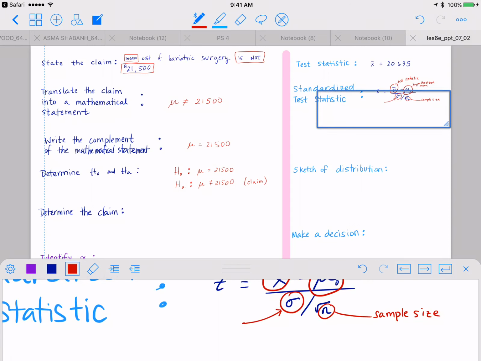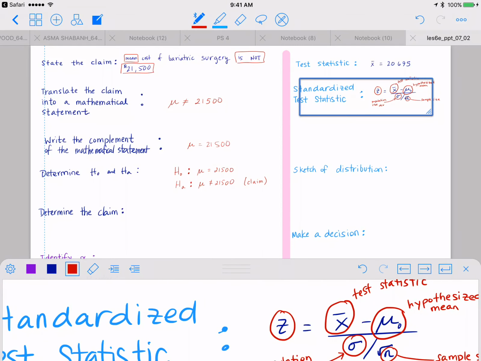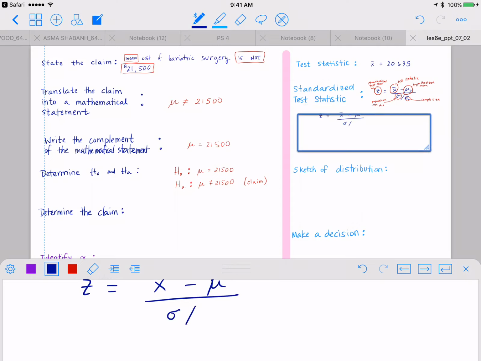Sigma, by now, of course, everyone knows this, is our population standard deviation. And then lastly, this is our standardized test statistic. So when we plug all this in, we should get z equals x bar minus mu over sigma divided by square root of n.